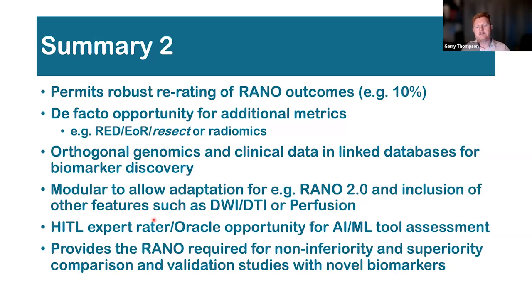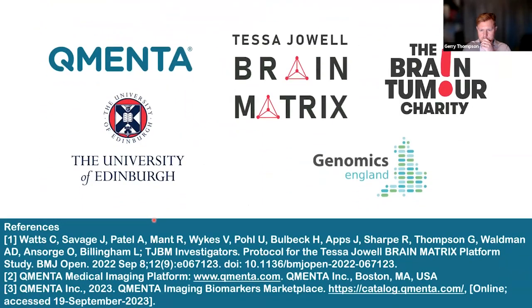And that's a really key thing. This RANO tool opens the door to both clinical trial delivery, but also how do we move on from this? How do we test if RANO is appropriate in certain subgroups with different molecular characteristics? How do we then determine whether a modification to RANO is acceptable or successful?